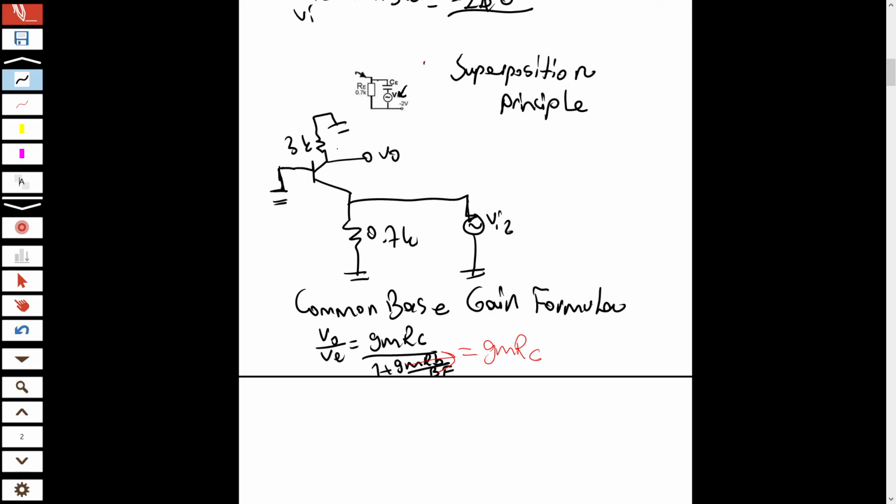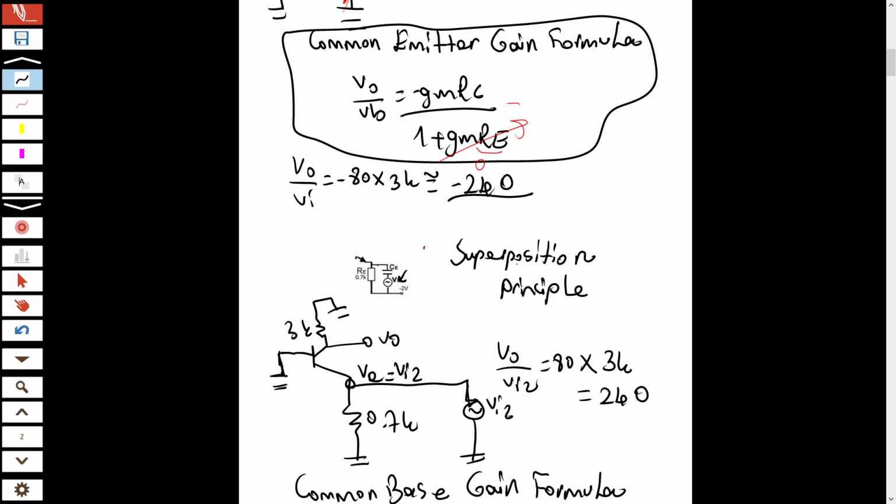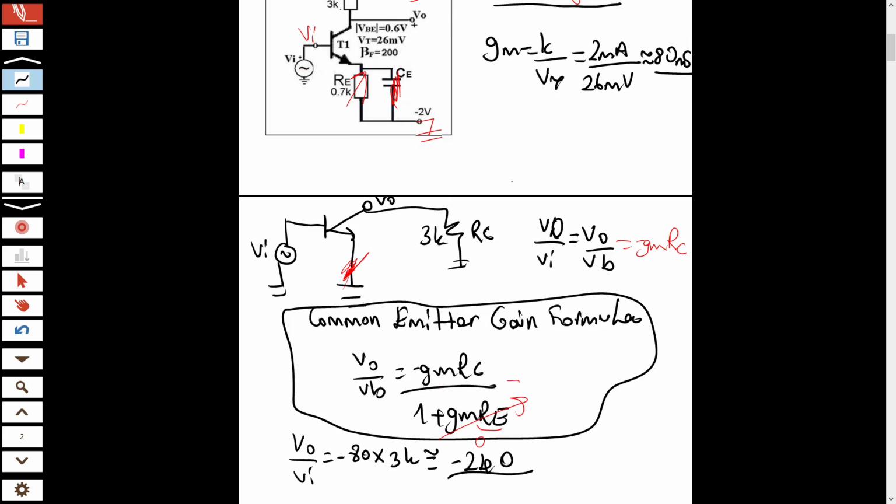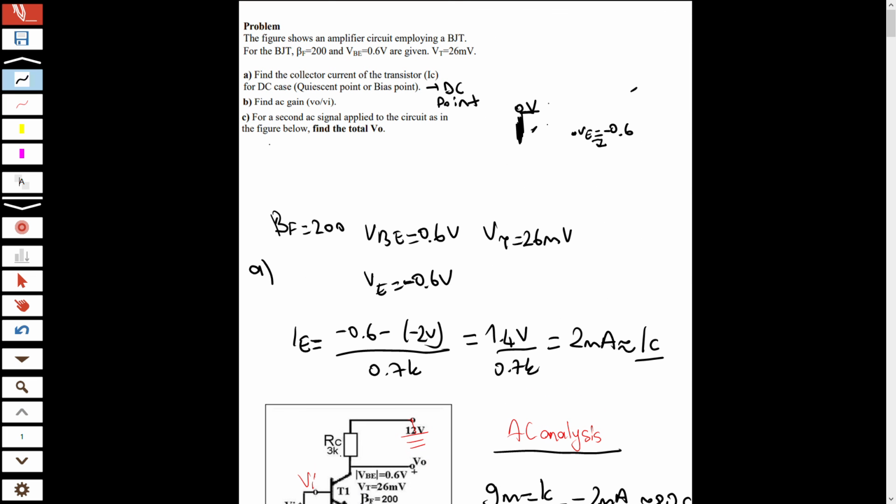V emitter here equals V input 2, so V output over V input 2 equals 80 millisiemens times 3K, which is 240, but this time it is not minus, the phase is not shifted by 180 degrees. So that's it, guys. Now find the total V output.